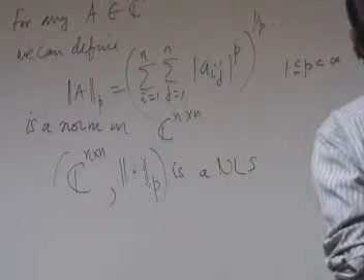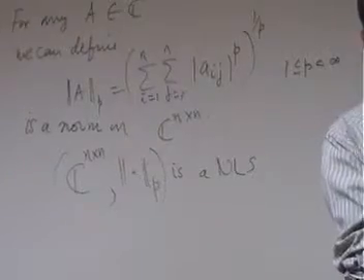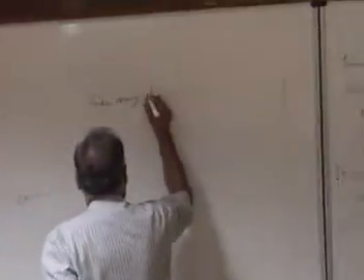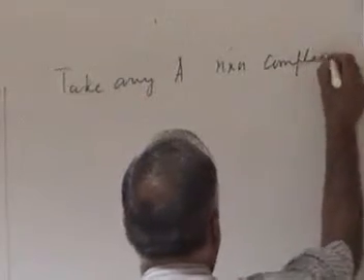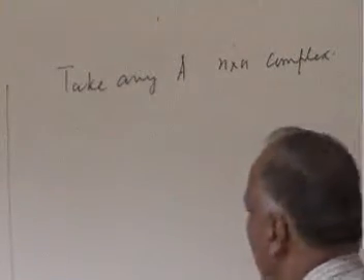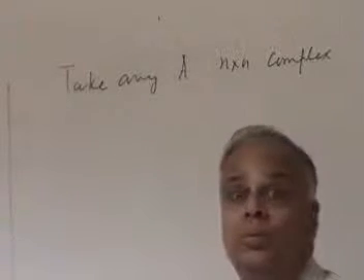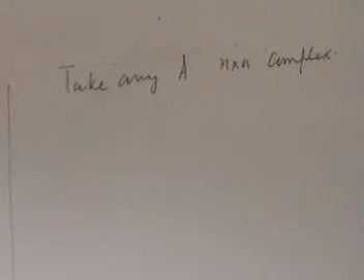The subject survives. Take any A, an n by n matrix, complex. Now what does it do? Look at it in a different way. No longer look at it as an n squared component vector. Look at it now geometrically.